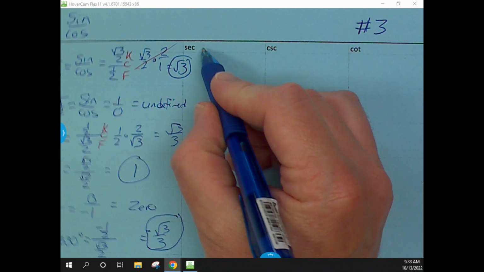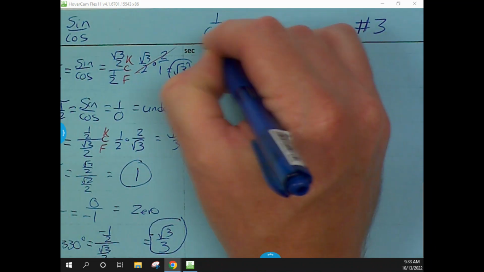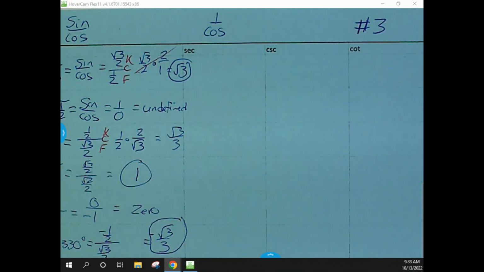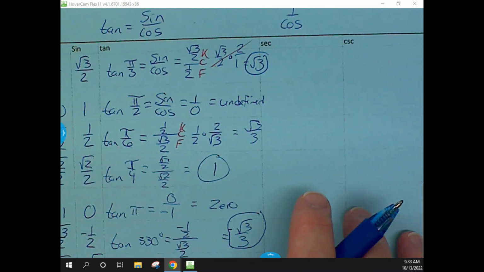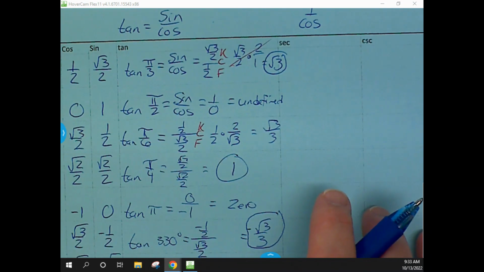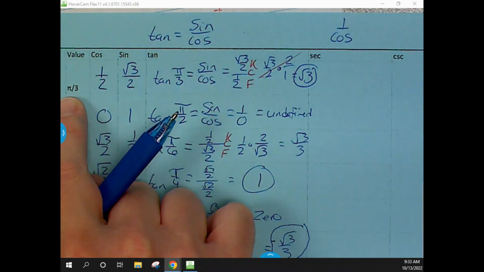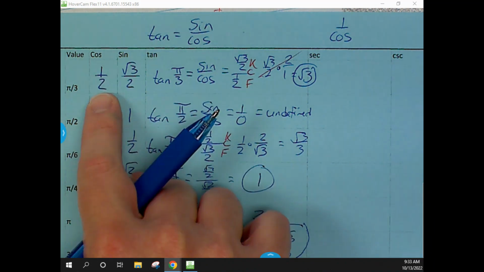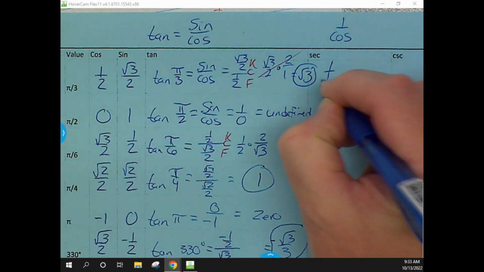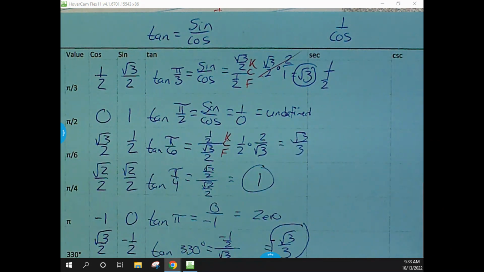For secant, we said it's going to be 1 over cosine. So if they ask you to find the secant of pi over 3, you do 1 over cosine. Cosine is 1/2, so it's 1 over 1/2.